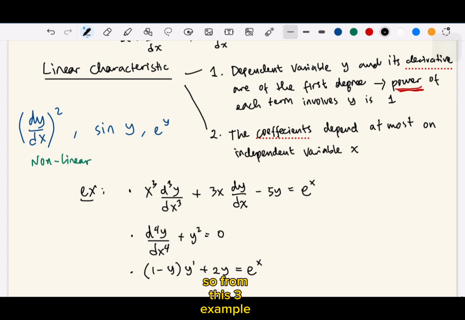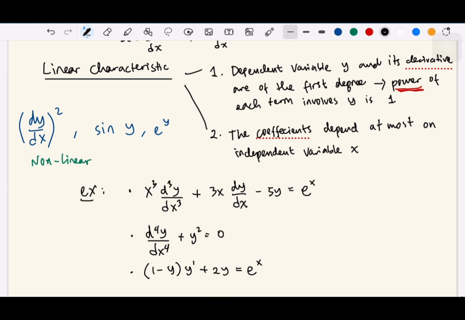So from these three examples, which one is the linear one? Yeah, the first one. Agree on that? Everyone agree?